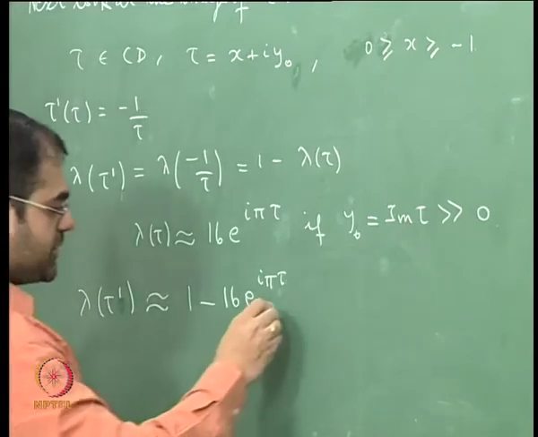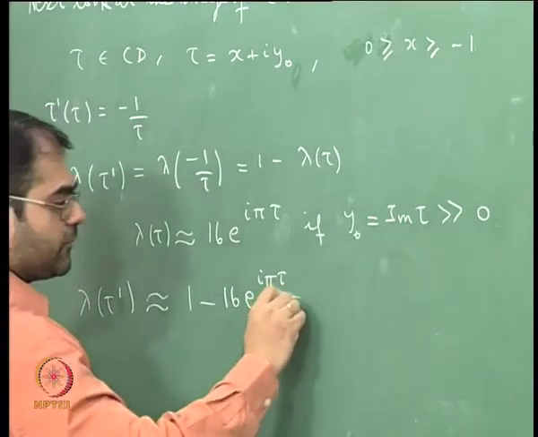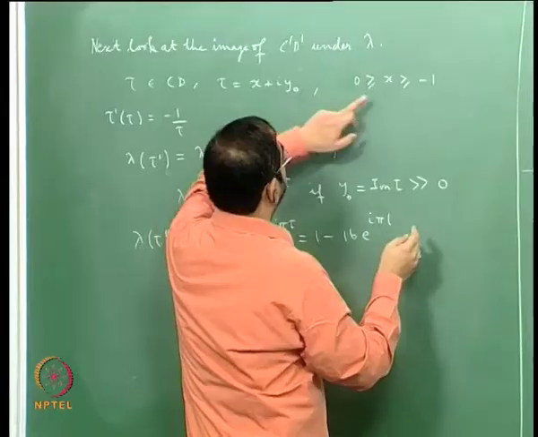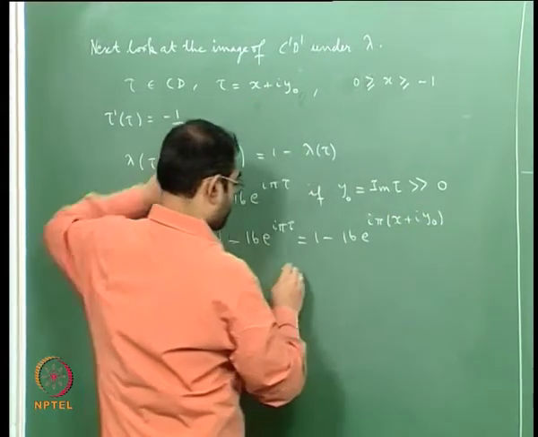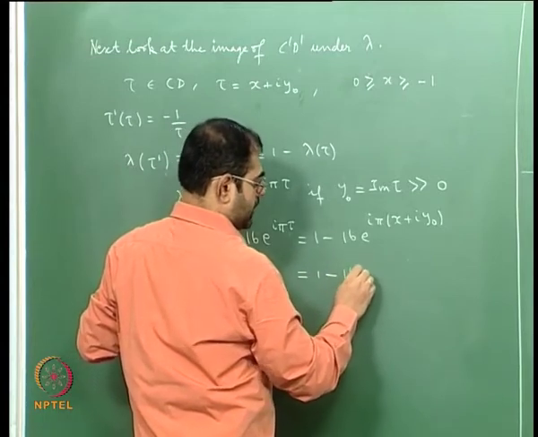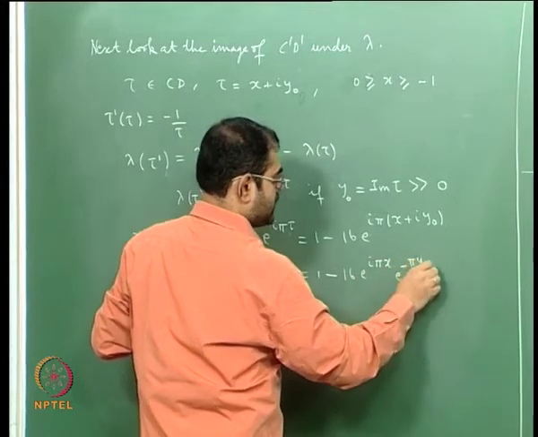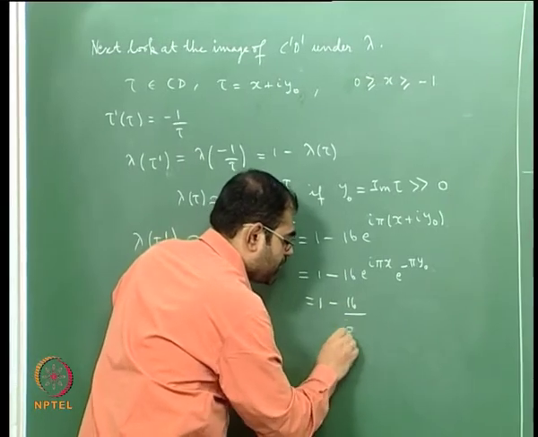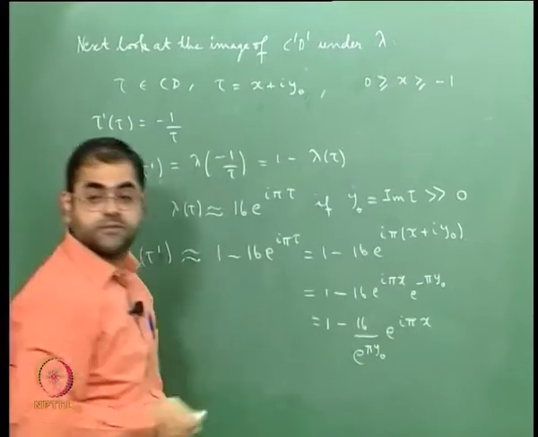If you write it out, this turns out to be 1 minus 16 e power i pi tau, where tau is x plus i y naught. So this is going to be 1 minus 16 e power i pi x e power minus pi y naught. So I will get 1 minus 16 by e power pi y naught into e power i pi x. This is what I will get.